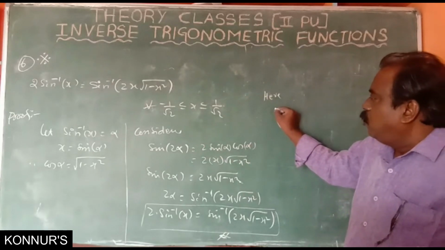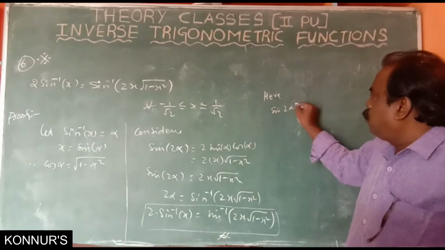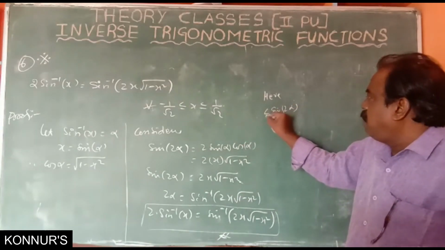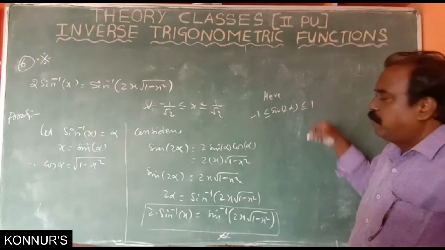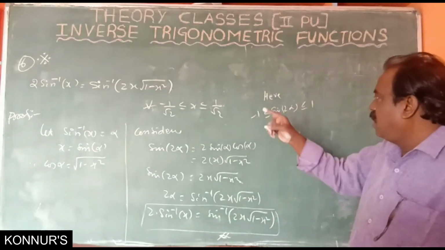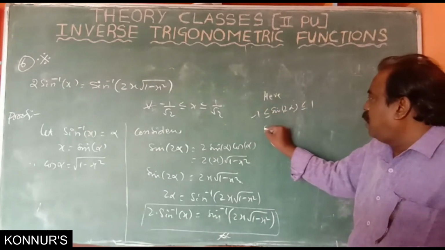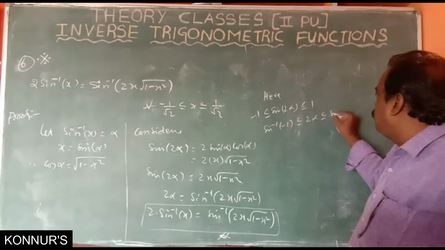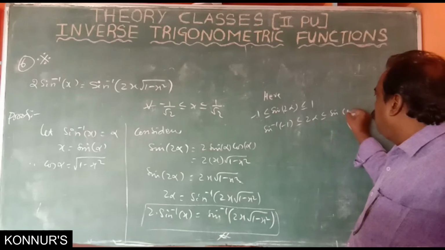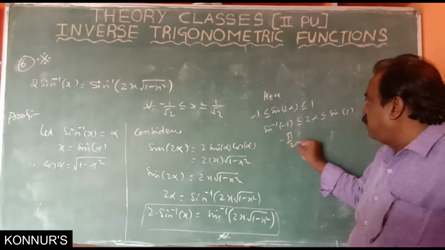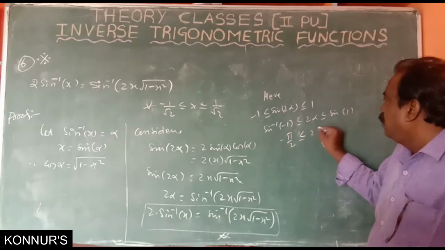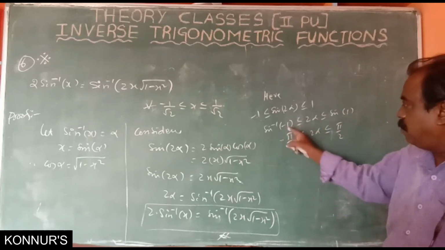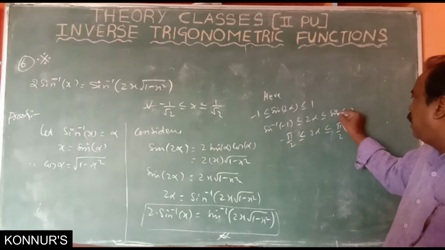Here, sine 2 alpha you are considering. Sine is always between minus 1 and plus 1. So sine inverse of minus 1 is less than or equal to 2 alpha, less than or equal to sine inverse 1. Sine inverse of minus 1 is minus pi by 2, and sine inverse 1 is plus pi by 2.